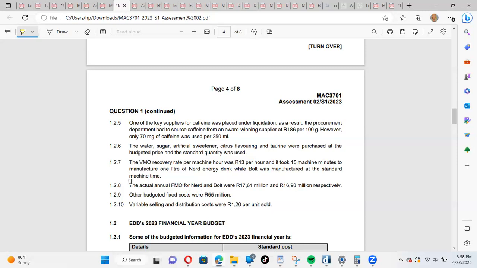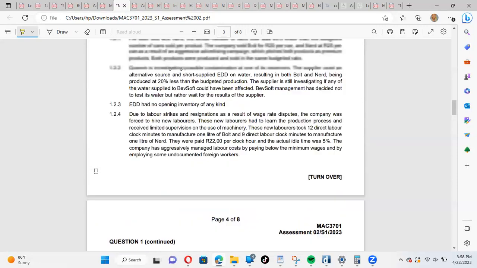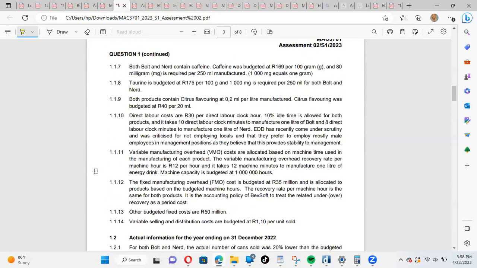This will be used when we are doing the over or under recovery. Fixed manufacturing overheads are budgeted at 35 million and allocated based on the budgeted machine hours, so we need the budgeted machine hours.